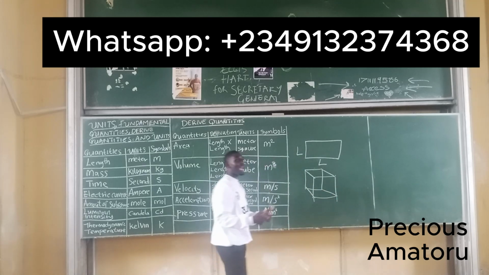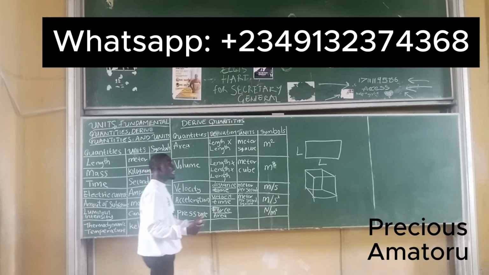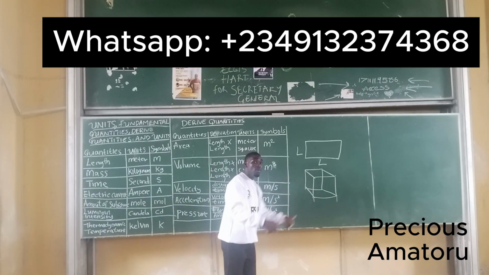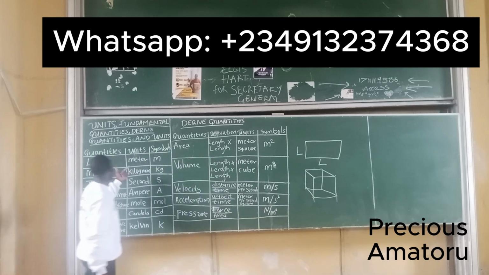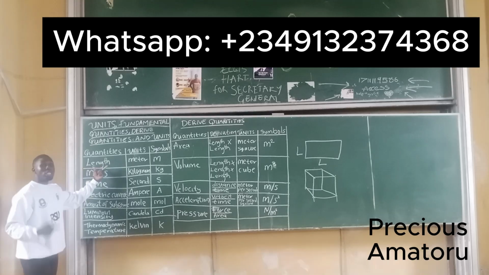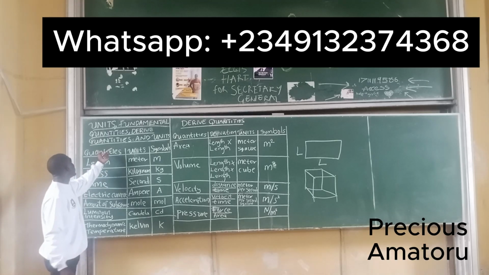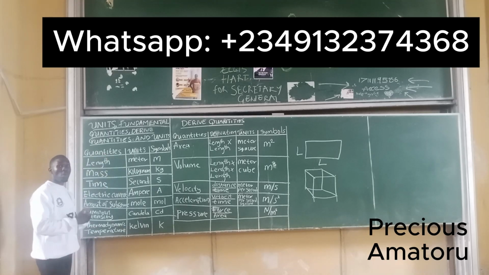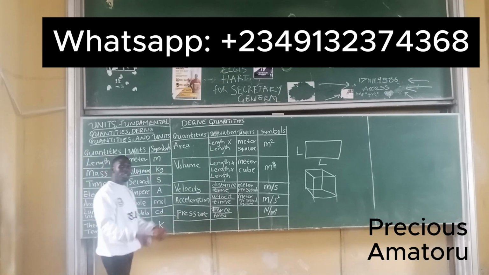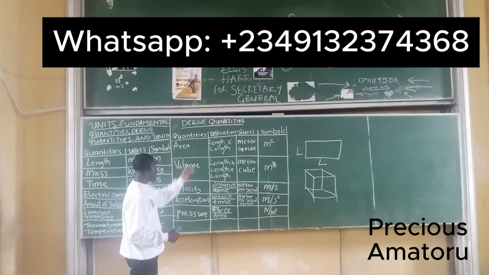So you need to multiply 3 dimensions of this quantity in order for you to get the volume. So doing that, you are multiplying fundamental quantities. Multiplying different fundamental quantities or same fundamental quantities gives you derived quantities.